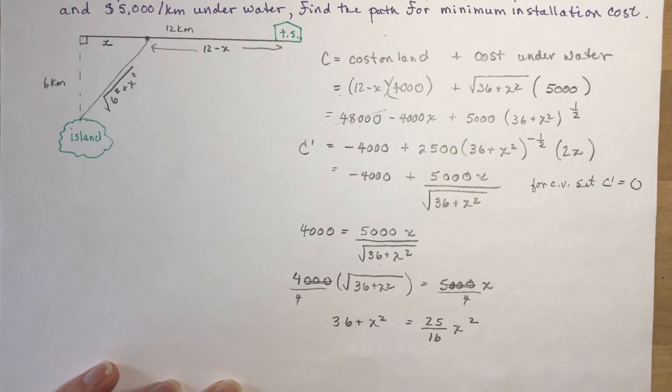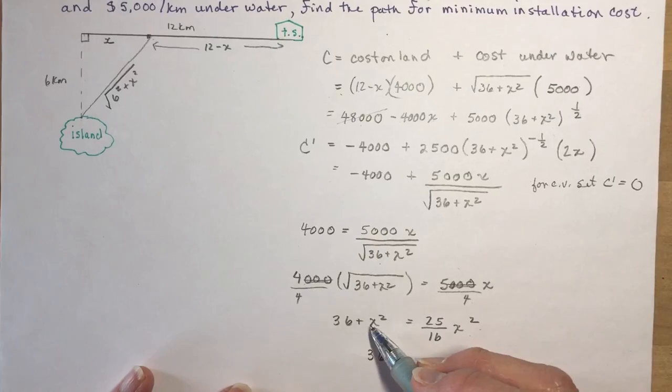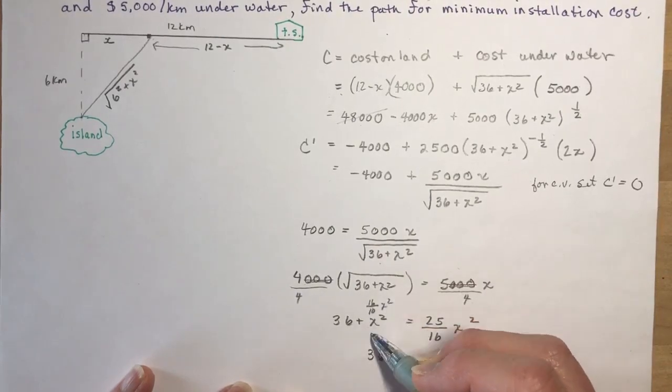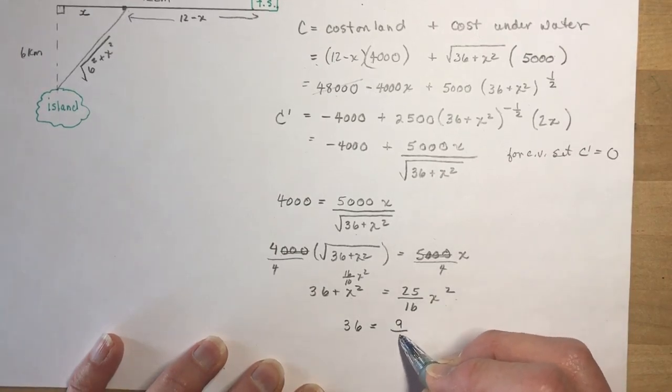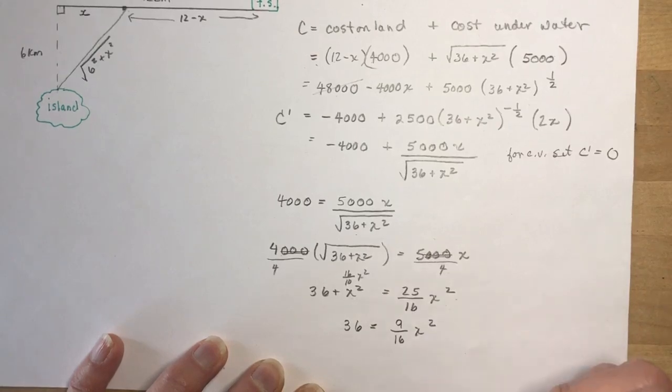And now I'm just going to finish this off nice and neatly. I'm going to subtract a 16 over 16. So 36 equals, when I say that, this is what I mean, right? 1 over 1 is 16 over 16. So it's going to give me 9 over 16 x squared.